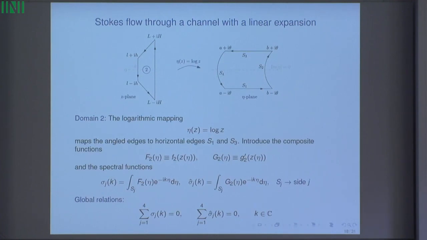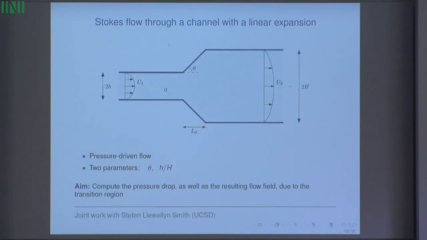The idea here is to use the logarithmic map given here to map this geometry to this circular domain here. We have no slip boundary conditions along the boundary, so we will impose the conditions here and here.